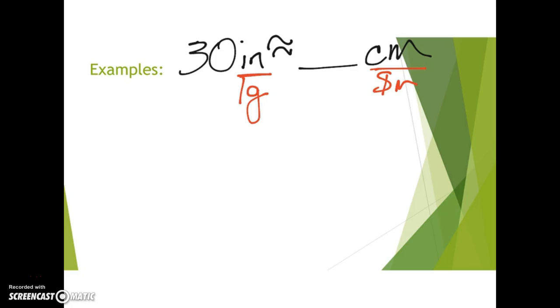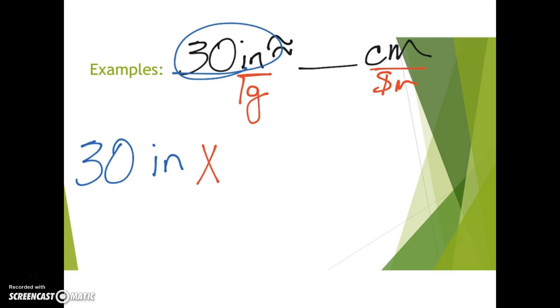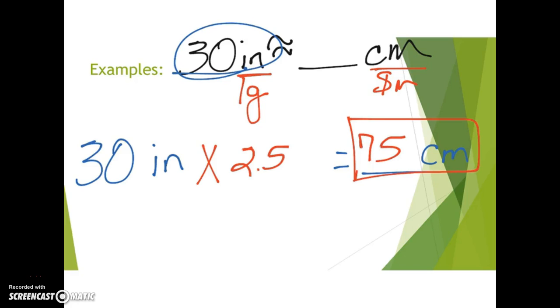So that means we're going to be multiplying. And again, we have to start with the measurements that they gave us. So I'm starting with 30 inches. And I have to multiply so that my answer will be in centimeters. Okay? So how do I know what goes in this blank space here? Again, I have to look at my conversion chart. So I look over here and I see, okay, there are approximately 2.5 centimeters for every inch. So I'm doing 30 times 2.5. And that's going to give me 75 centimeters. All right? So that would be my final answer here.